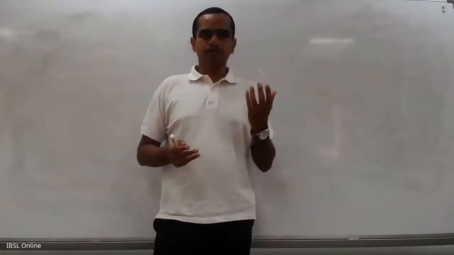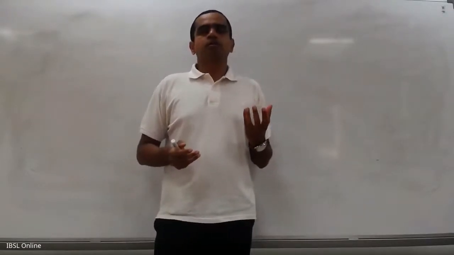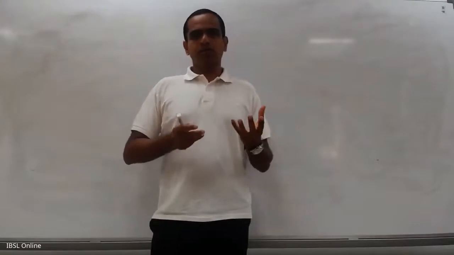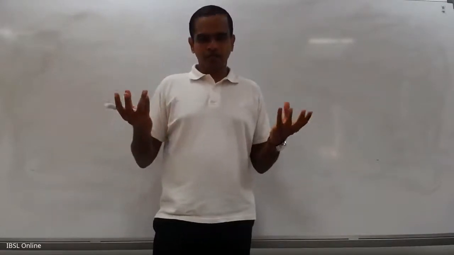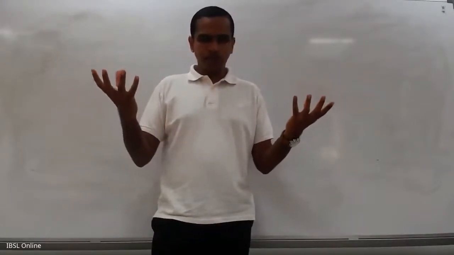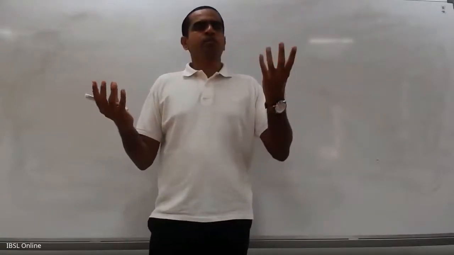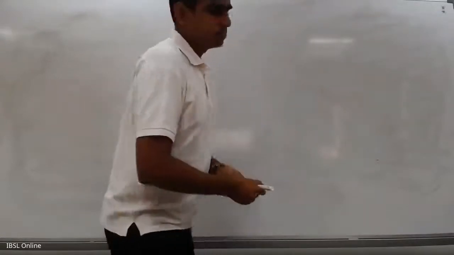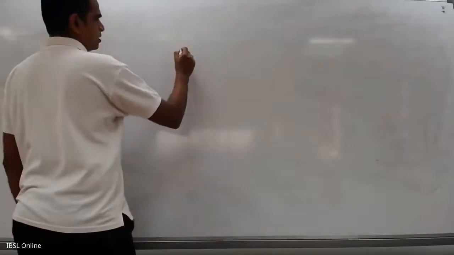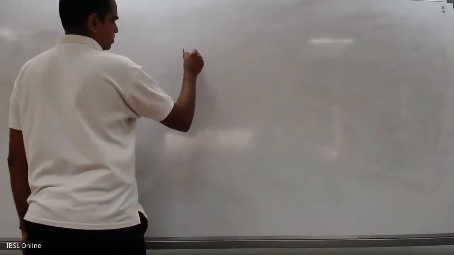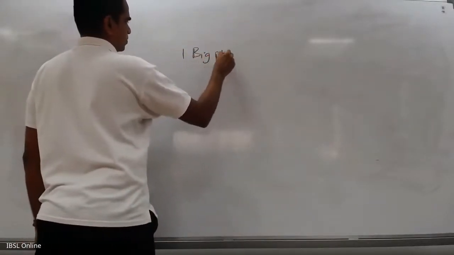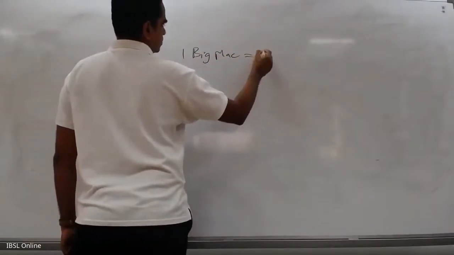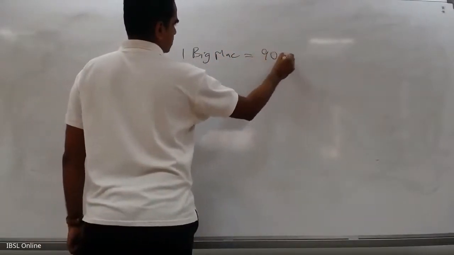Now, if you take the Big Mac in US, let's assume it is identical to the Big Mac in Sri Lanka. Right? So two identical products in two different countries. Let's say the price of the Big Mac in Sri Lanka is 900 rupees.